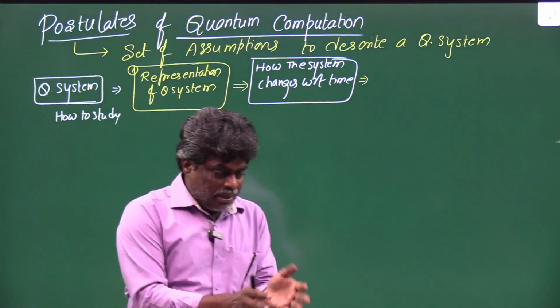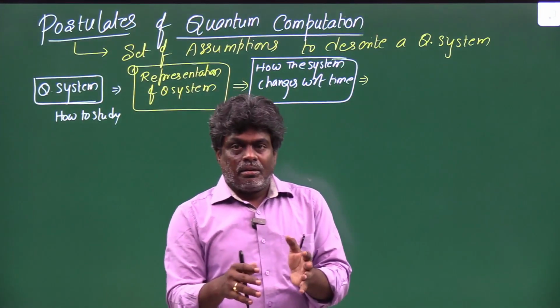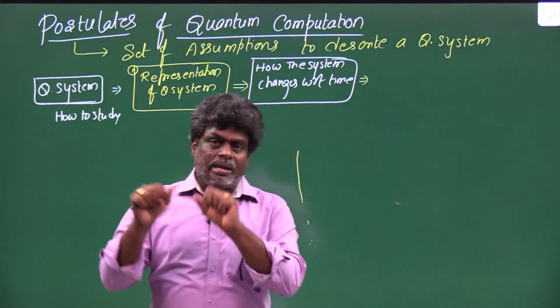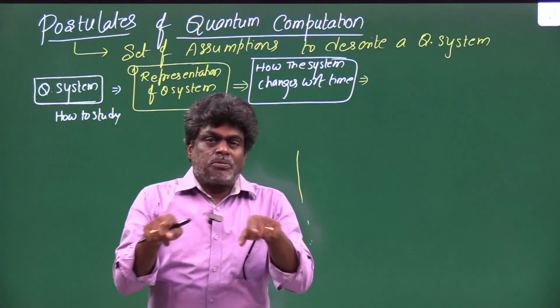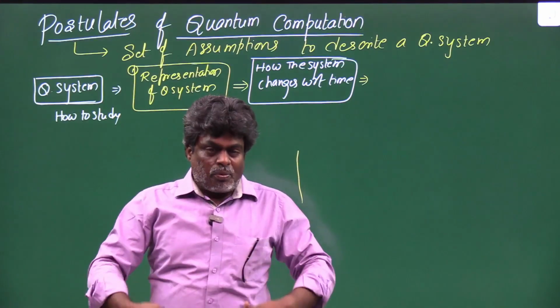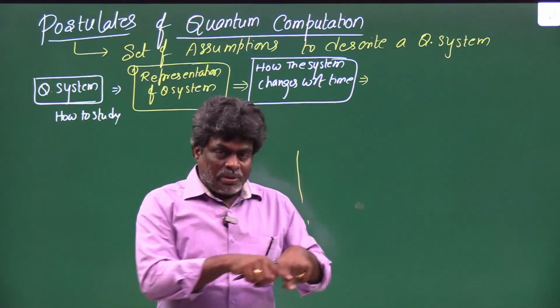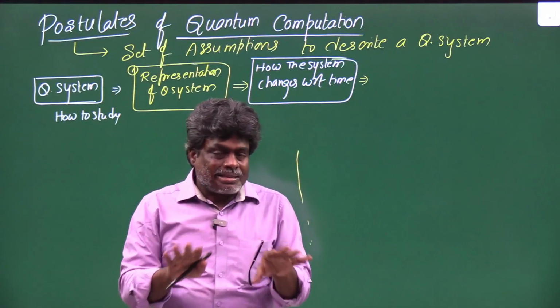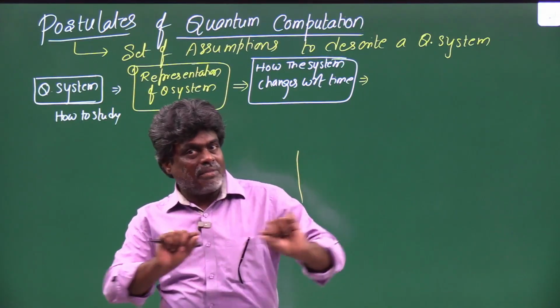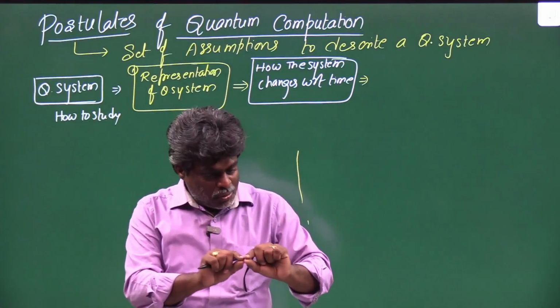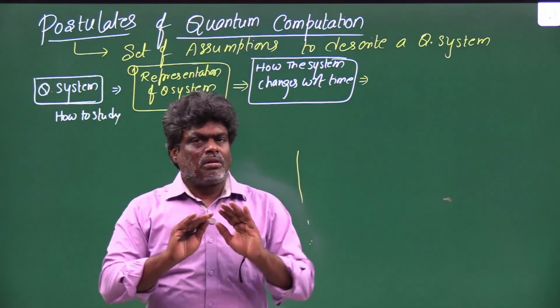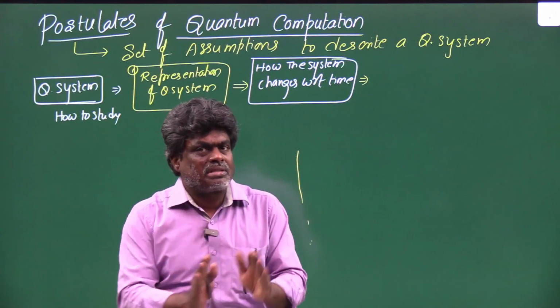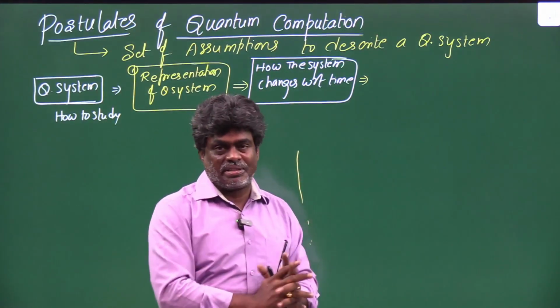In classical mechanics, whenever you are going on a bike and you want to measure the speed, there is a speedometer. If we want to measure our weight, a weighing machine is there. If you want to measure the length, there is a tape or scale. So all classical measurements have ready-made devices.